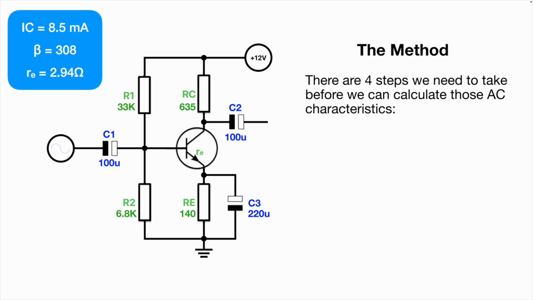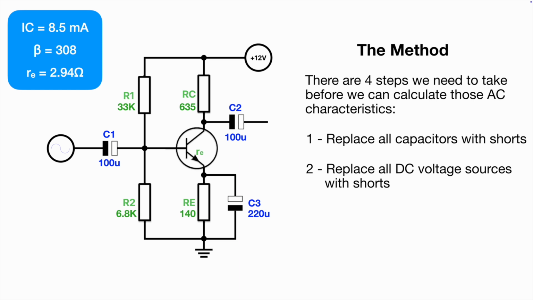So the four steps that we need to take are, first of all, we replace all capacitors with short circuits, just a wire basically. Second, we replace all DC voltage sources with the same, with shorts.